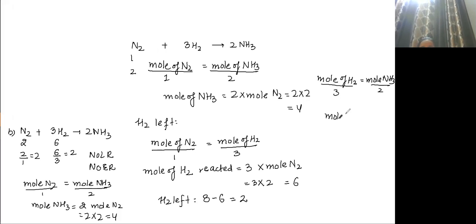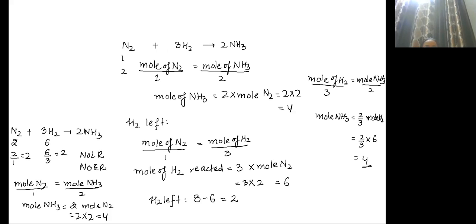So what is moles of NH3? That is 2 by 3 into moles of H2. So 2 by 3 into 6, moles of H2 is 6. So it comes out to be 4.